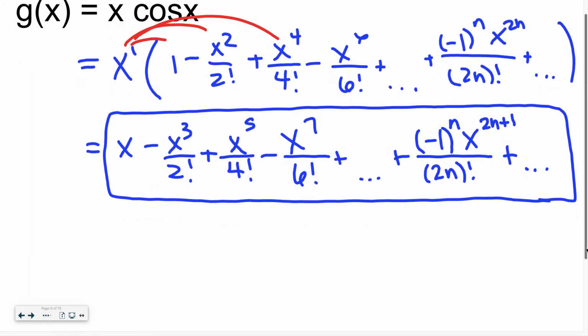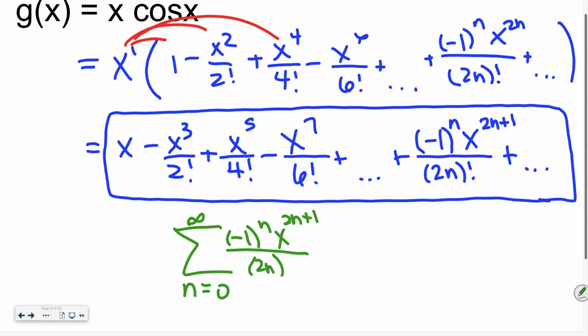It all depends on what is asked of you. Sometimes it'll say write the first four non-zero terms and the general term. If it asks just for the series, then you could write the sum from n equals 0 to infinity of -1 to the n, x to the 2n plus 1 all over 2n factorial. But I feel like you kind of have to work with this before you can write it like that. Do you see what I mean?